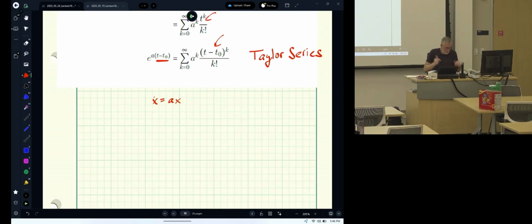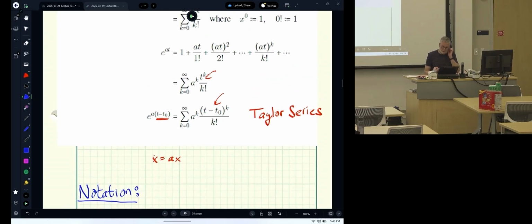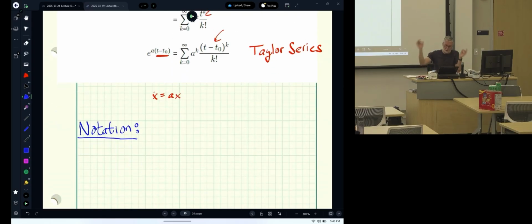Now, I gave you guys a heads up several weeks ago, but I'm not assuming you remember any of that, so let's just do it. I'm going to show you how you take any Taylor series or Taylor polynomial and apply it to matrices. So you can do this for sine, cosine, logarithm, 1 plus x.